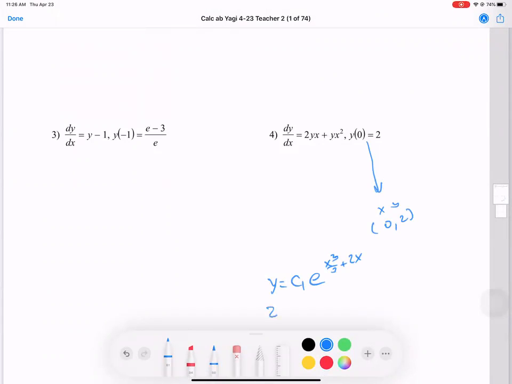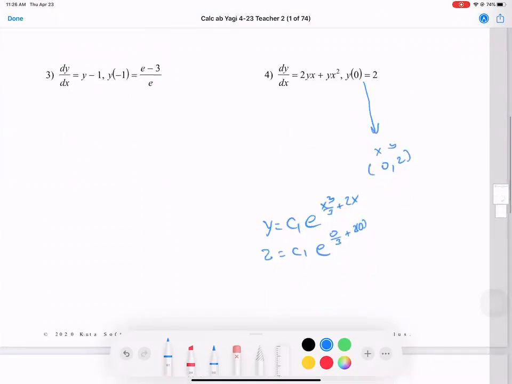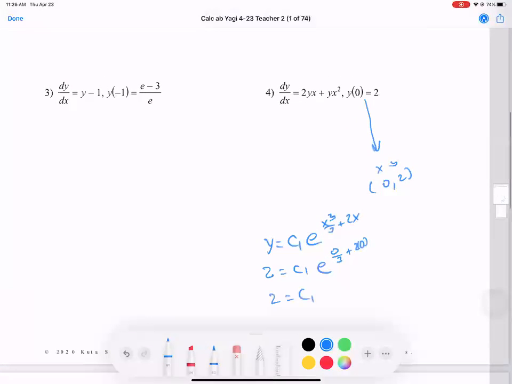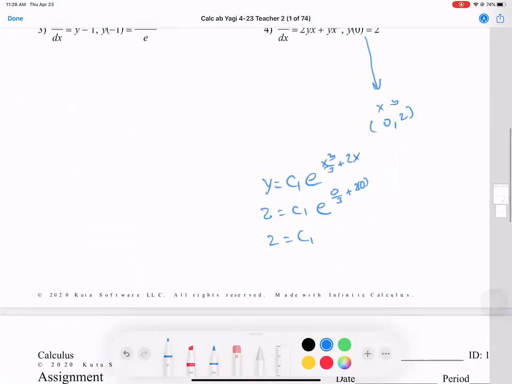So y is 2 equals c1 e to the 0 over 3 plus 2 times 0, which is just 0. What's e to the 0? That's going to be just 1. And I'm not going to write that. So we know c1 will be a positive 2. Rewriting the function, y is equal to 2 e to the x cubed over 3 plus 2x.